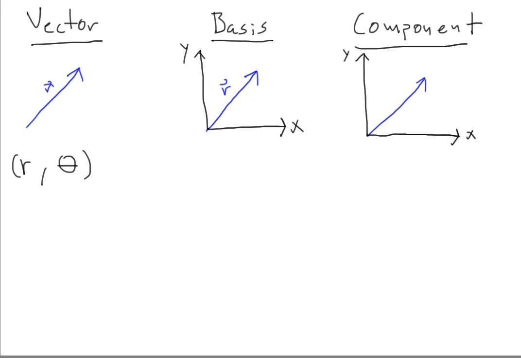So I know that this vector has a component along the x direction and a component along the y direction.